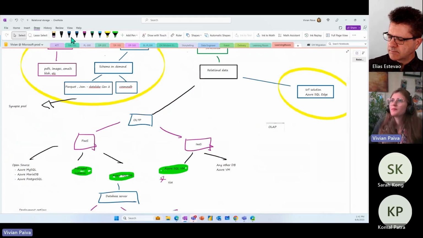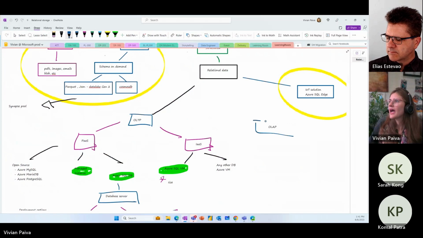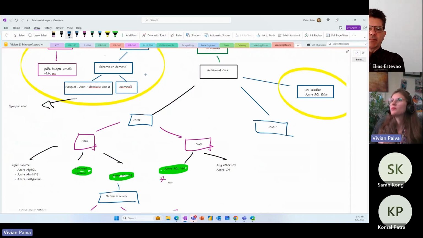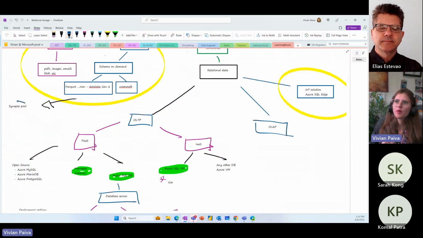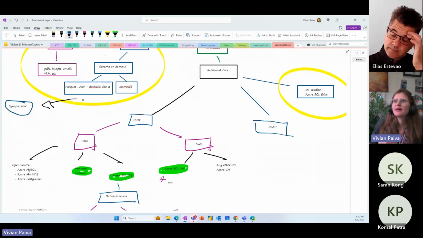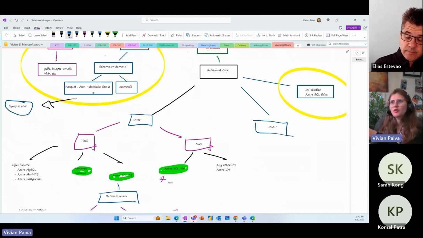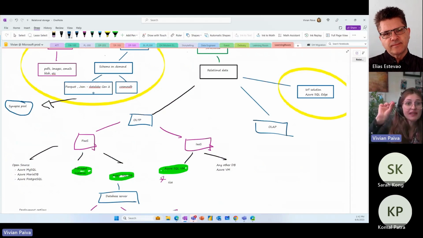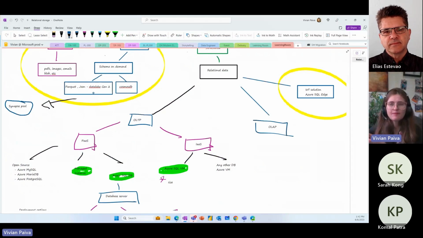When we are talking about analytical data, optimized for analysis and reporting, we spoke a little bit here: if we have Parquet or JSON stored in a Data Lake Gen 2, we could access that information directly in the files, optimized for analytical raw data. We could access it using the Synapse pool.